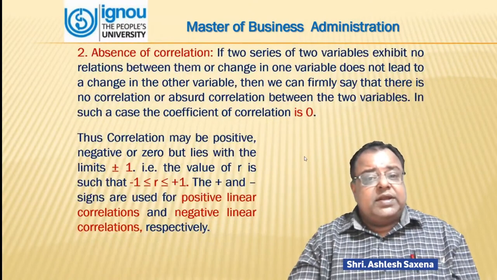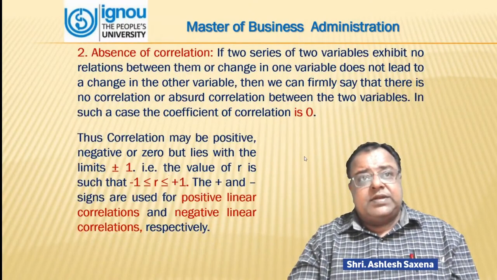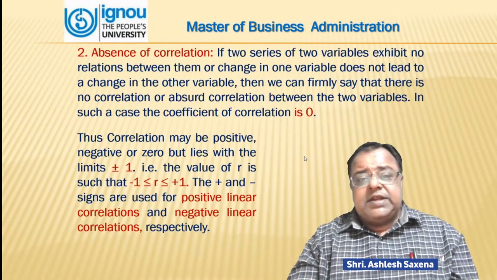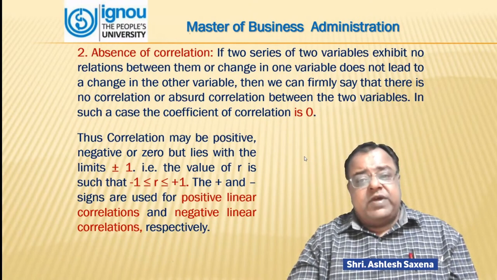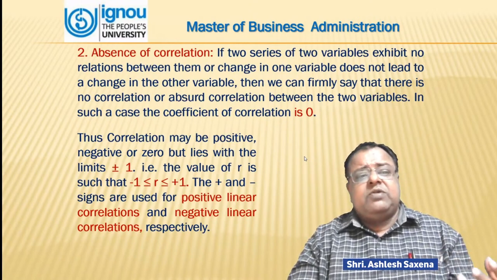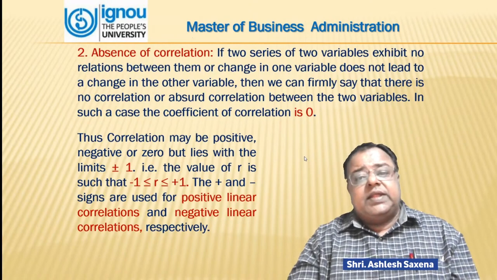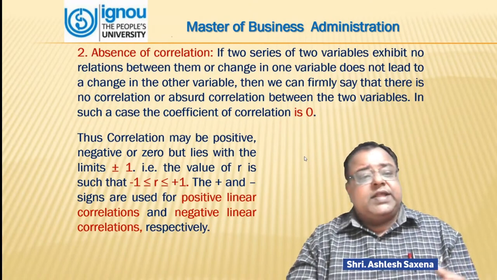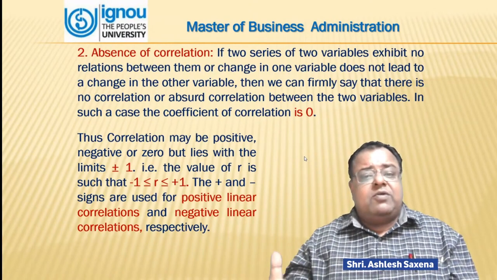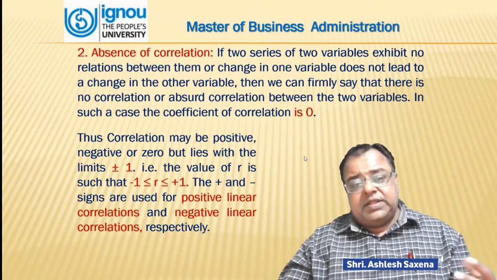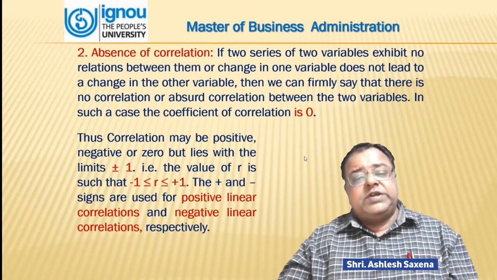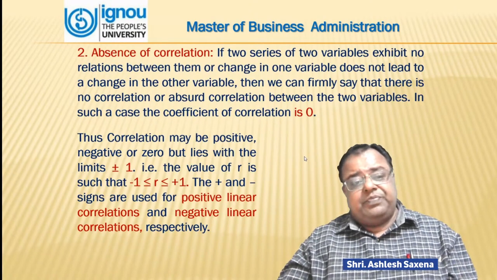Absence of correlation: if the two series of the two variables exhibit no relation between them, or change in one variable does not lead to a change in the other variable, then we can firmly say that there is no correlation or absence of correlation between the two variables. In that case, the coefficient of correlation will be 0.